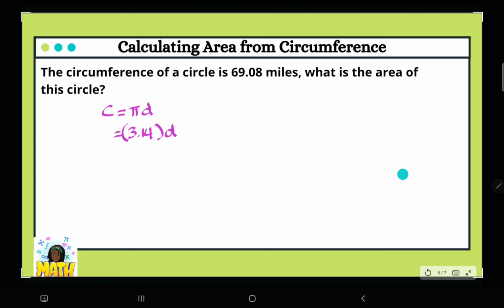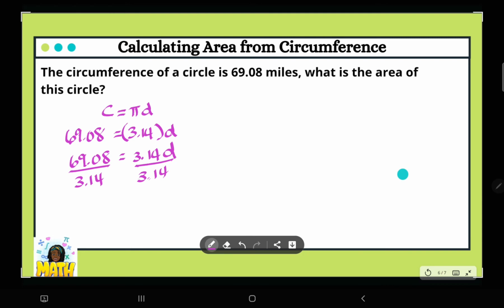We have our d there, and then we're going to substitute the 69.08 for the circumference. I'm going to rewrite this without the parentheses, and then I'm going to do inverse operation to get the d by itself. So that means I'm dividing both sides by 3.14. This here cancels out, and I have d is equal to 22.